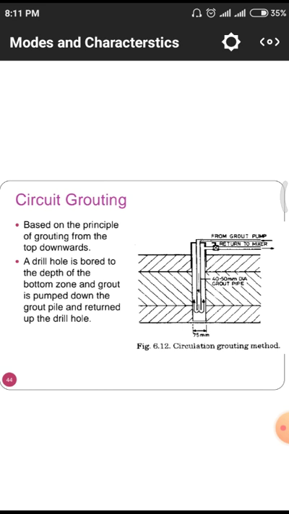Normally, whenever there is a space between two layers, whether they are horizontal layers or vertical layers, there may be a chance of slipping.